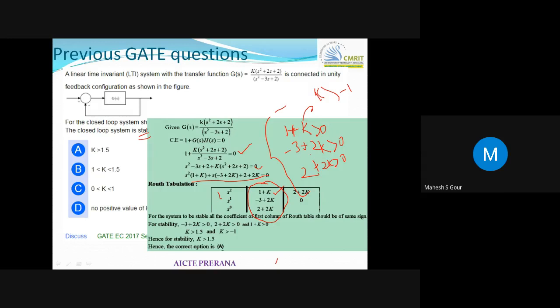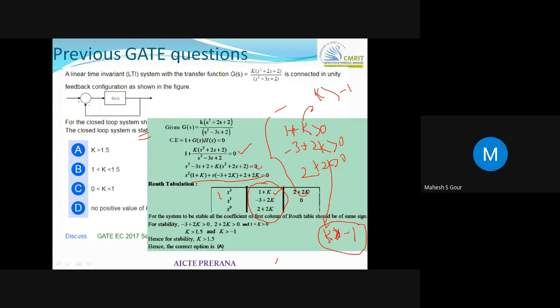In the third condition, k can be any value, but it should be greater than -1, right? Your k value must be greater than -1.